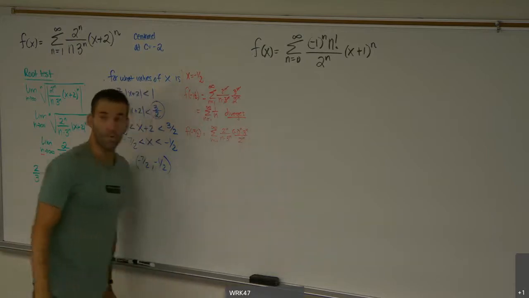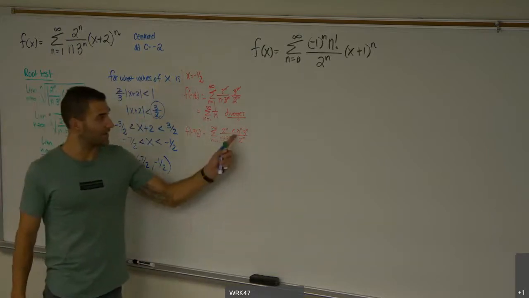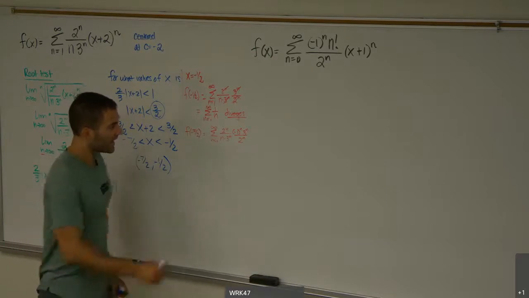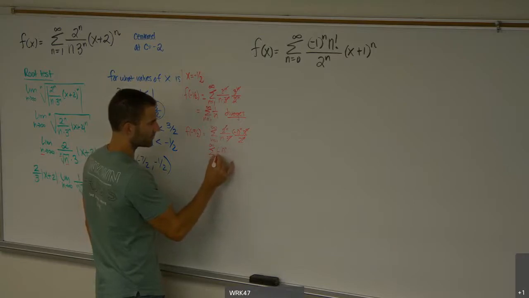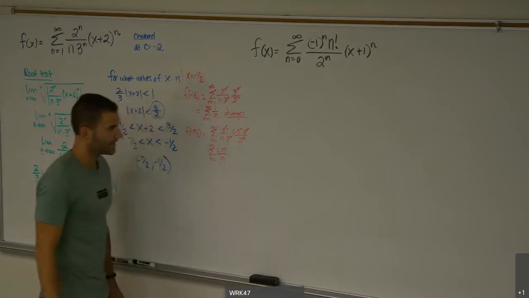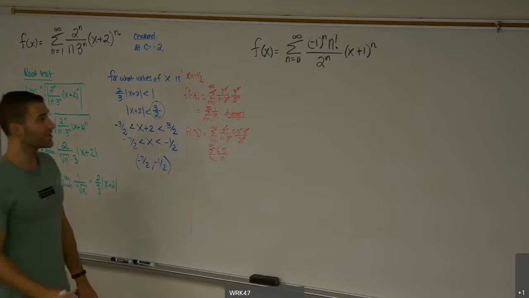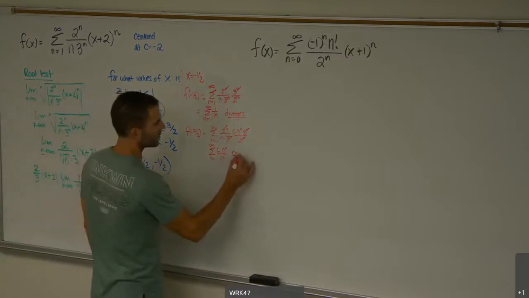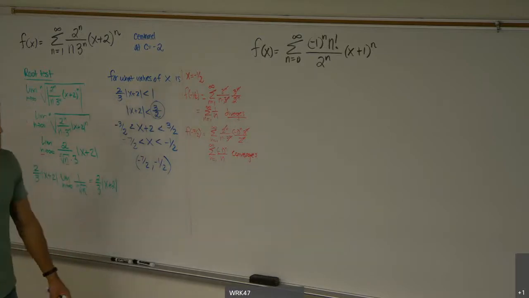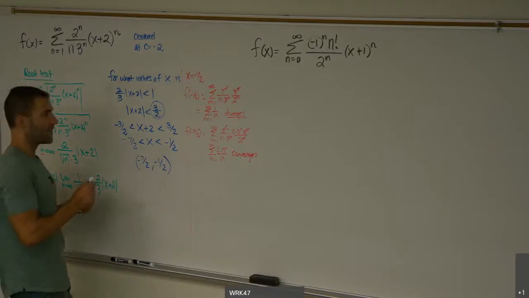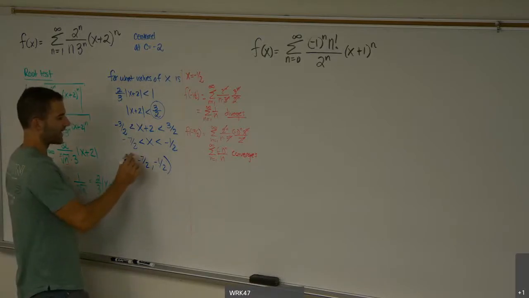So I split it up over the -1, the 3, and the 2. And again, the 3 and the 2 cancel, but now we're left with an alternating series. And even though I wrote it in red, this series converges by the alternating series test. I agree it conditionally converges, but it converges as an alternating series. And so that actually means at -7/2, I better change this to now a bracket.